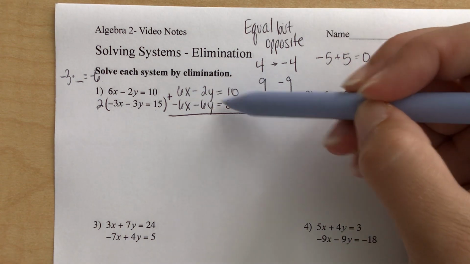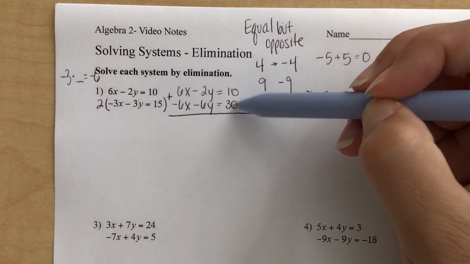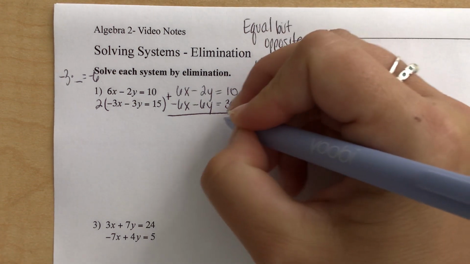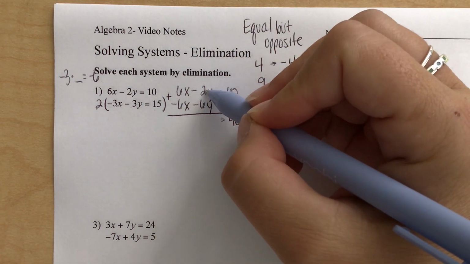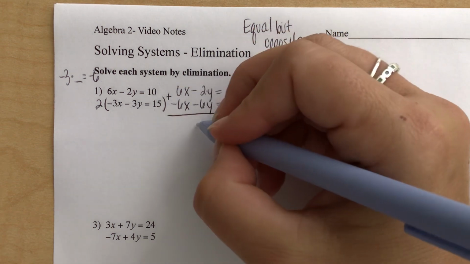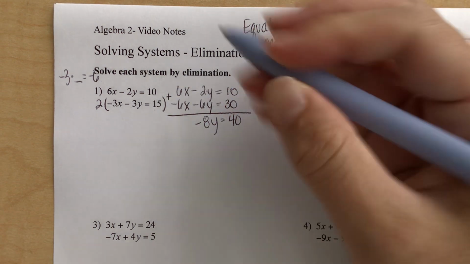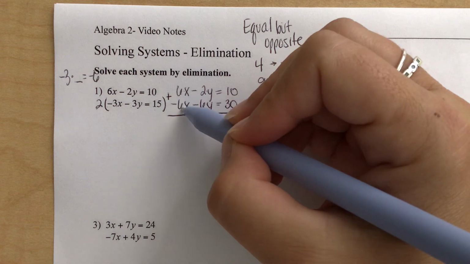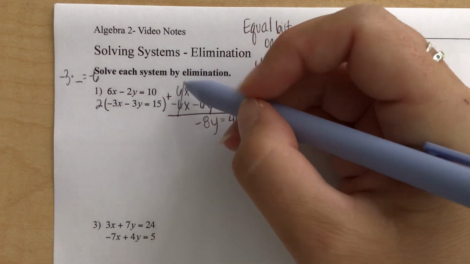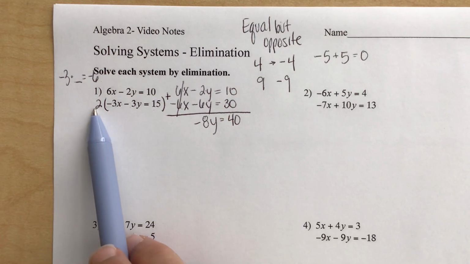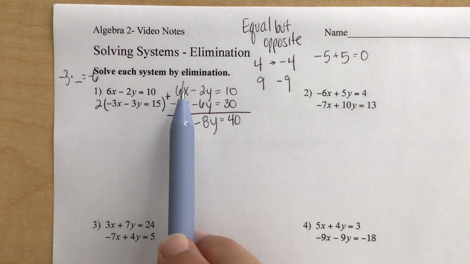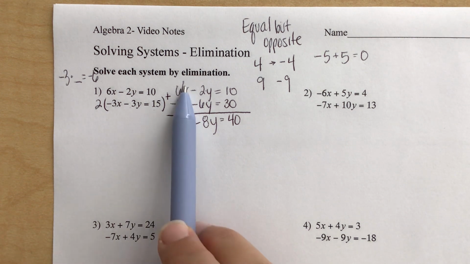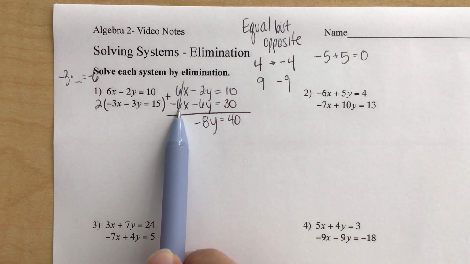You simply add straight down. So 10 plus 30 gives me 40. -2y plus -6y gives me -8y. And then 6x plus -6x, those cancel. That gives me the 0. That was the whole point of why we multiplied by 2, so that we could do this right here and eliminate our x variable.